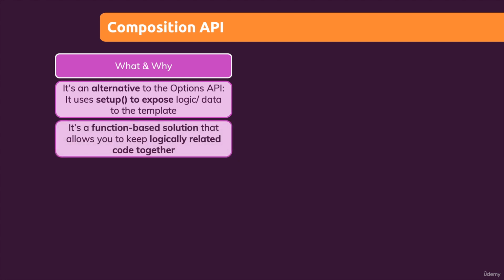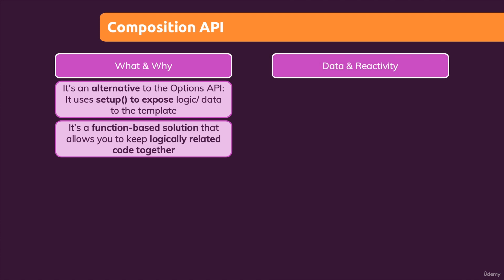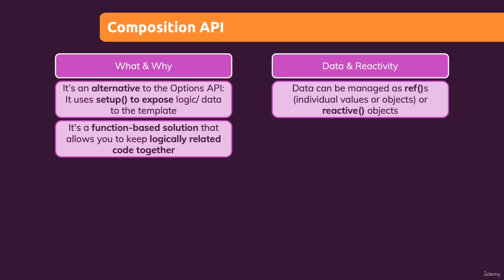And the idea behind the Composition API is that it's function-based. You have all those functions you import from Vue, like ref, reactive, computed, and so on, all used in that setup method, and this allows you to keep code that is related logically together in one place instead of splitting it across multiple options. Data and reactivity, of course, is an important concept in Vue in general, and therefore also in the Composition API.